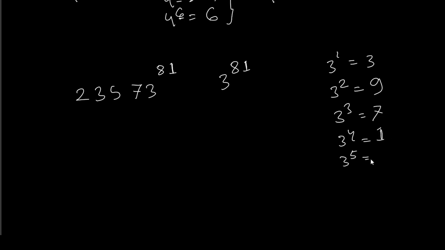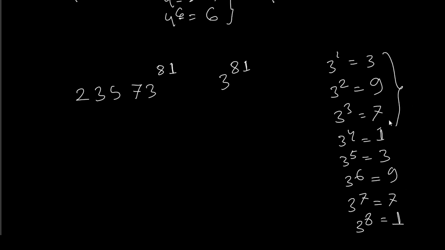Then we multiply again 3 with 1, then we are getting 3, then again 9, then 7, and then 3 to the power 8 last digit is 1. So here we have found a pattern which is 3, 9, 7, 1, 3, 9, 7, 1, repeating over and over.